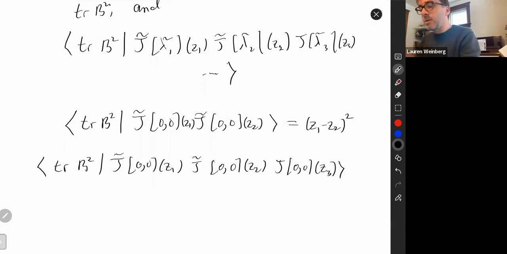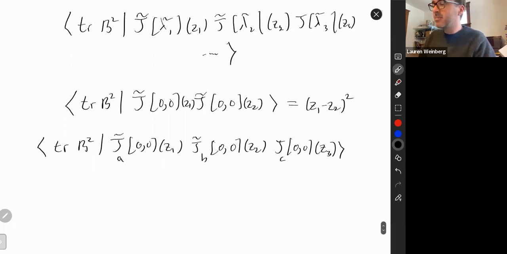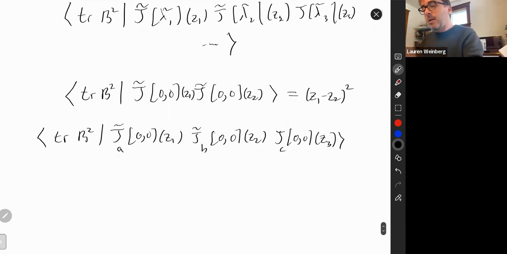So if we look at this one, I'll introduce some color. This 3-point amplitude has a pole when z3 hits z2 and a pole when z3 hits z1. And those poles have an f^{abc} in them.